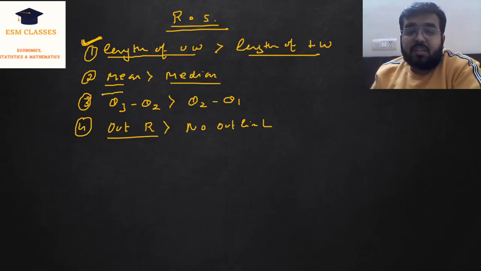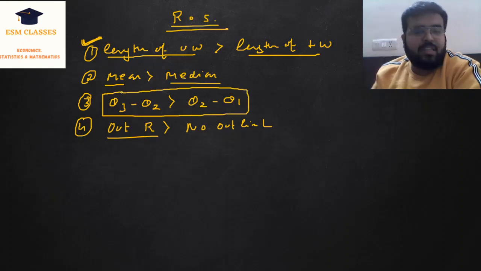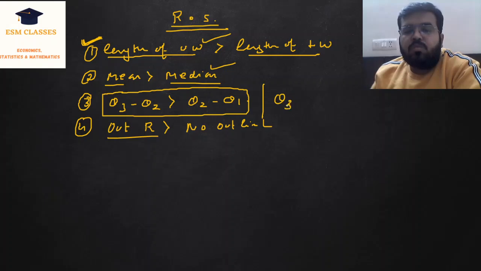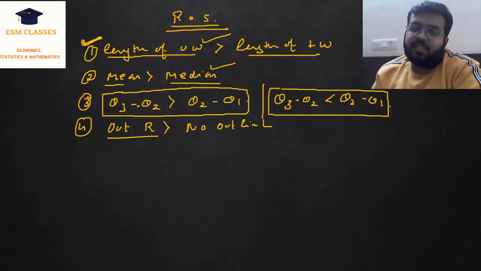Now, don't go for this interpretation alone. Sometimes you may find that this holds true, and in this case, Q3 minus Q2 is less than Q2 minus Q1. So this is a weak condition.